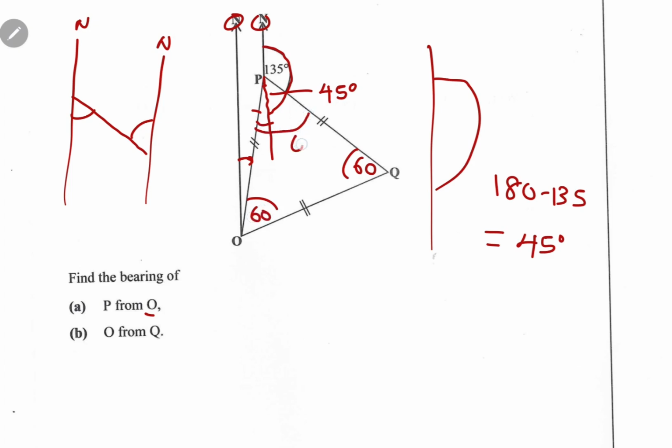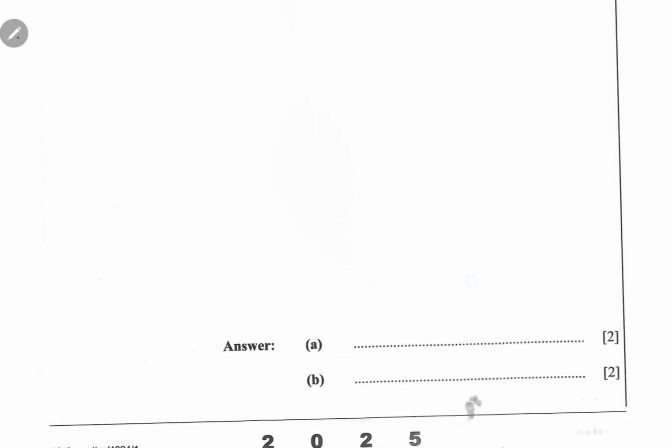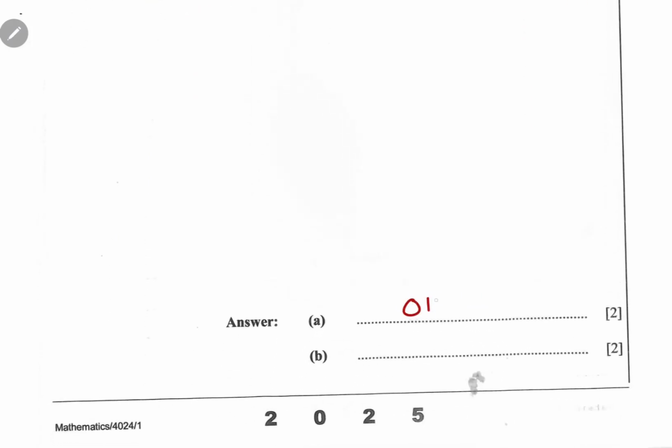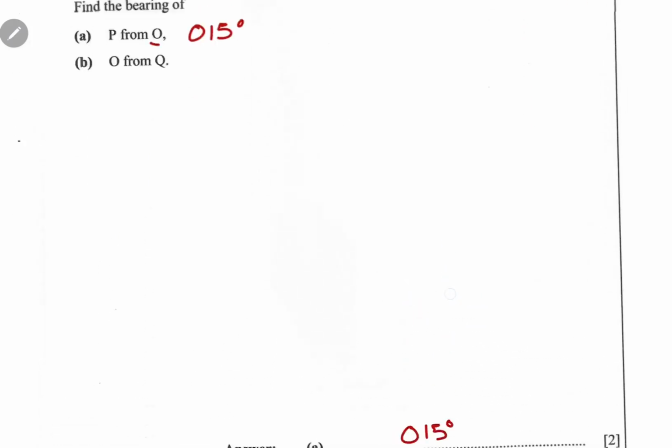So the total angle here is 60. We have part of it which is 45. Out of 60, what is remaining? 15. So this part that remains here is 15. If this is 15, also it means that is also 15 degrees. So here the bearing is 015 degrees in 3 figures.